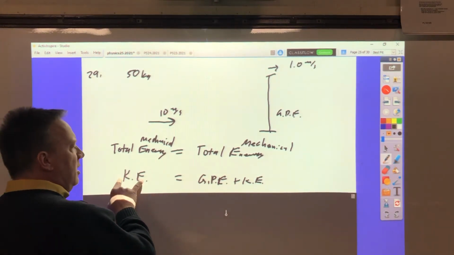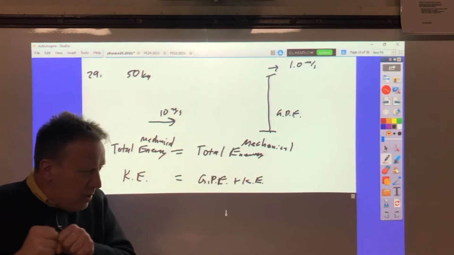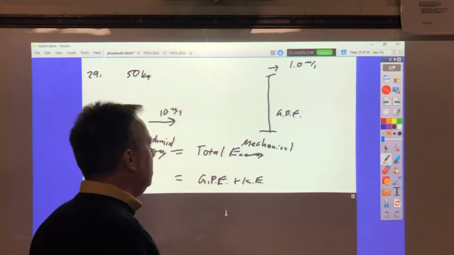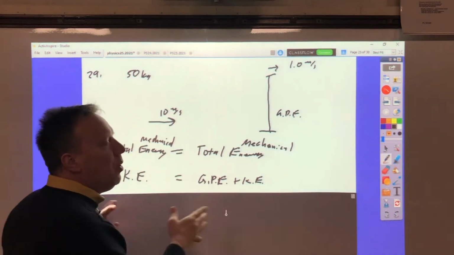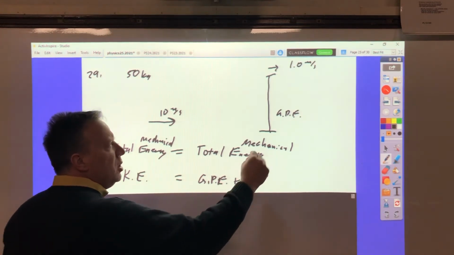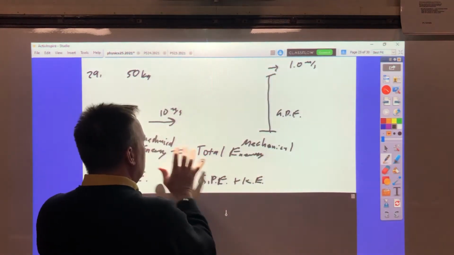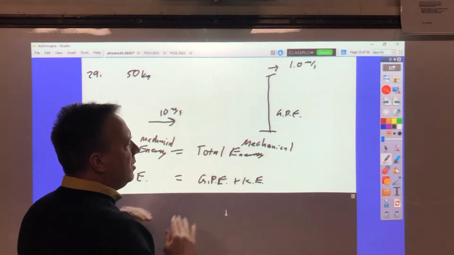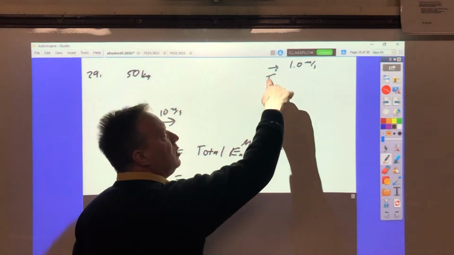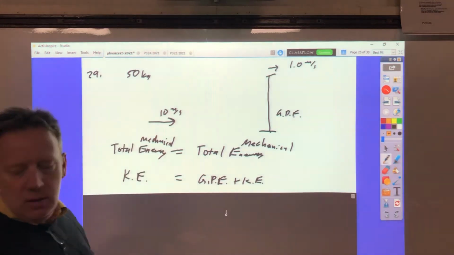But if you did, your kinetic energy's there. We're ignoring, in this problem, the elastic potential energy you're storing as you're driving the pole in. There's no way to calculate that, and they didn't consider that when they wrote the problem. But you got gravitational potential energy plus some kinetic as you go over. So your total mechanical energy before and after is the same. It's all kinetic at first. It's mostly gravitational in the second part, but you got a little bit of speed, so you got a little bit of kinetic.